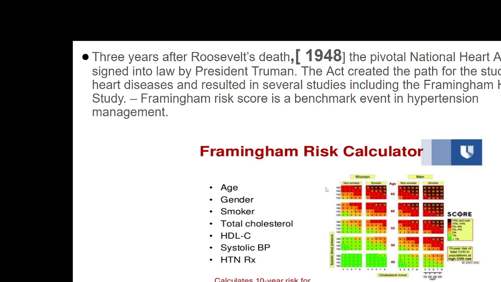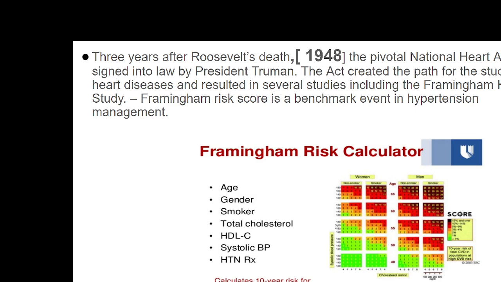This started in this graph, and based upon that the risk factors were calculated, and the Framingham risk calculator is still in use when it comes to predicting the risk of complications of the circulatory pressure.